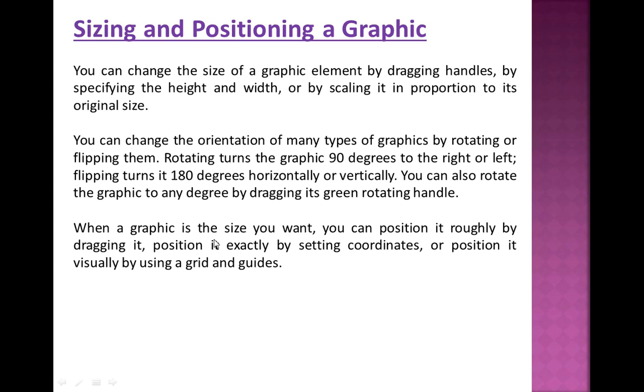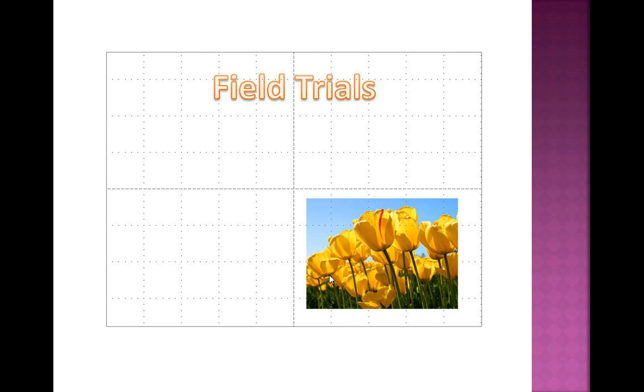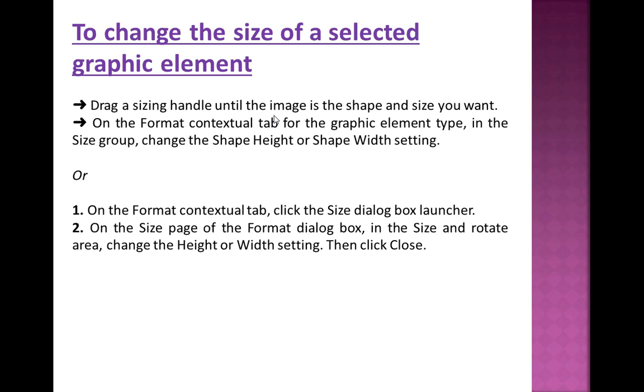When a graphic is in the area that you want, you can position it roughly by dragging it, position it exactly by setting the coordinates, or position it visually by using a grid and guides. This is how we can change the size as well as the position of a graphic.